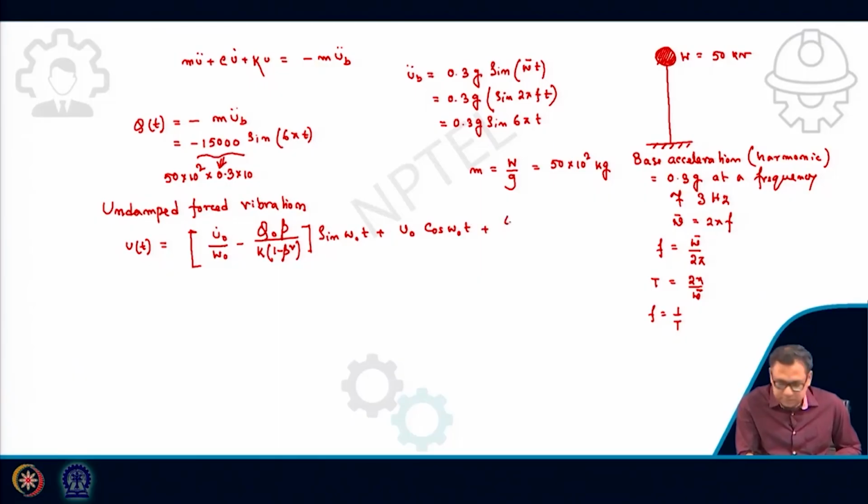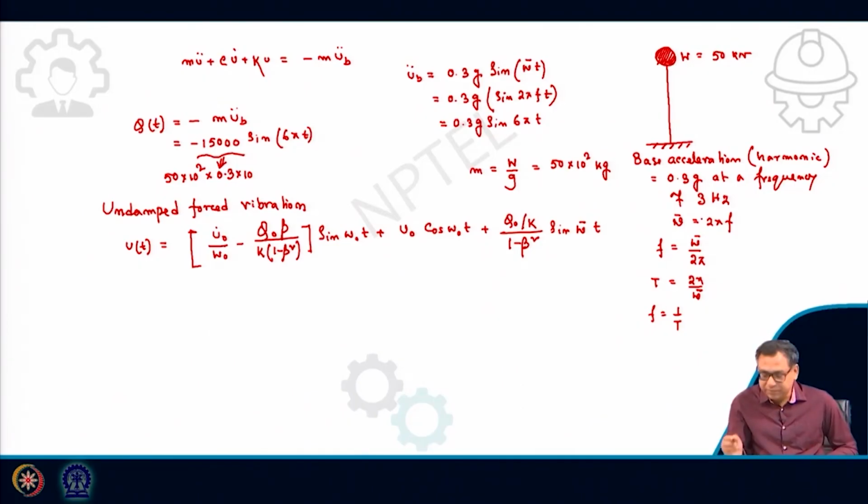Plus Q0 by k into 1 minus beta square sine omega bar t, where omega bar is the frequency of the force that is applied. Now here the same initial conditions we will consider, that u dot 0 is equal to 0.